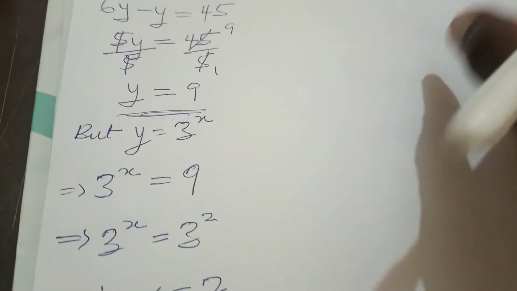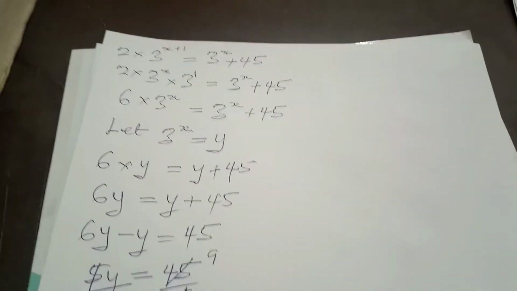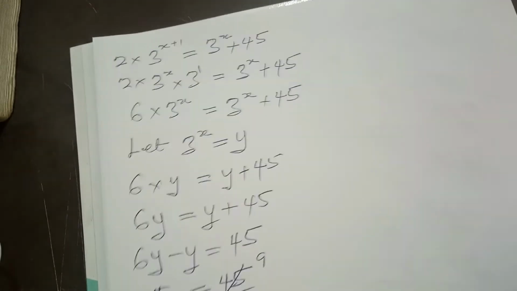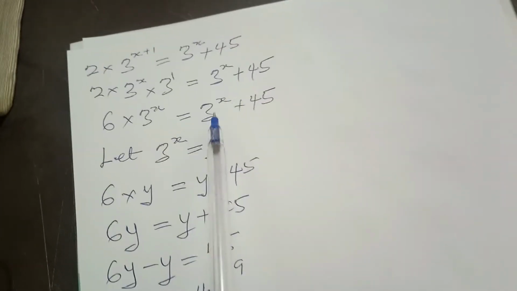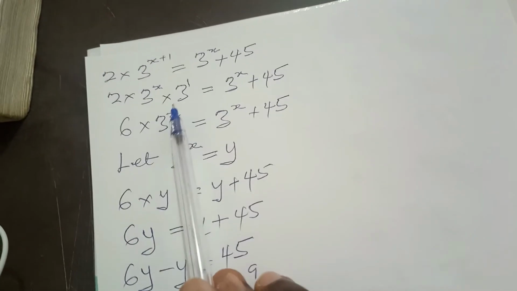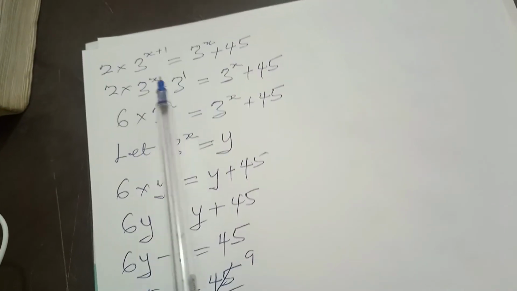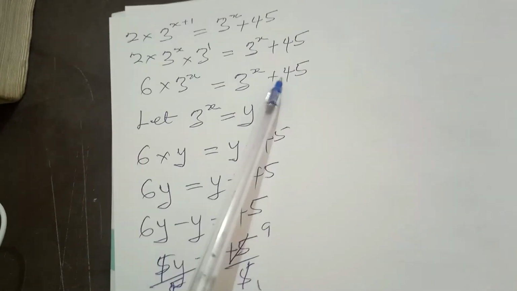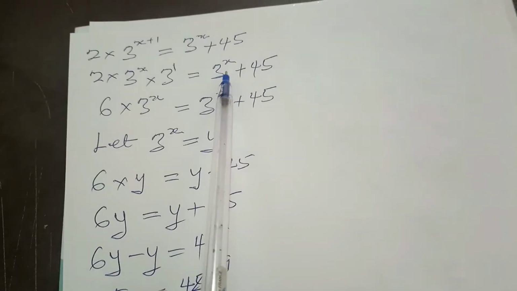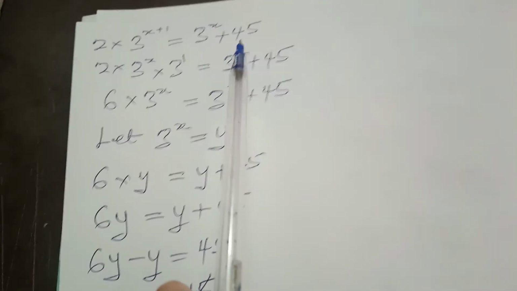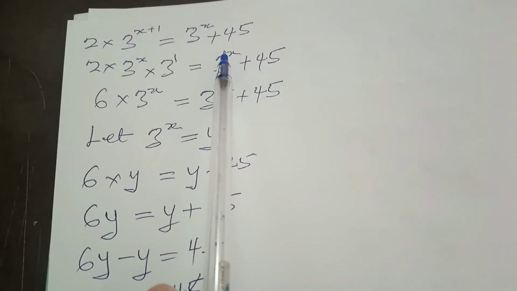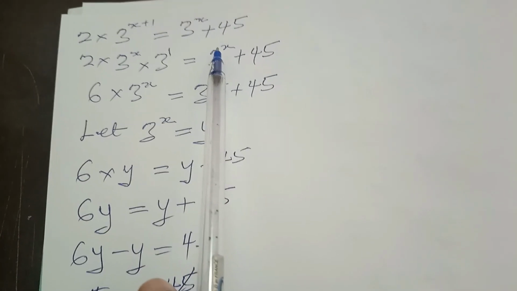Let me take my time to go over the whole thing again. When you are given an exponential equation where the numbers cannot be expressed to have the same base, and there is also an addition, then it will be very difficult to just express each of them as the same base and equate exponents.